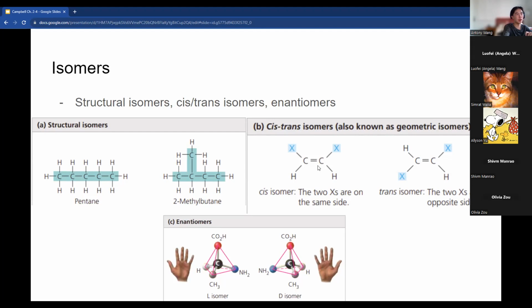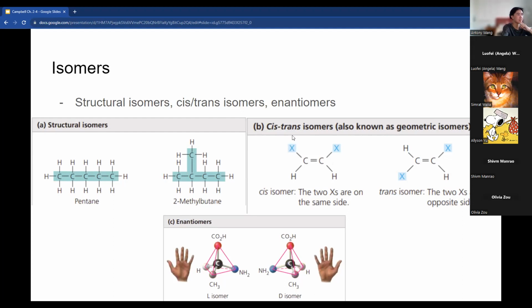Basically, if you think about a bond in a molecule, if it's a single bond, the atoms can rotate as they like around that bond. But a double bond is stronger, so it's less flexible, and the molecules are locked in rotation.